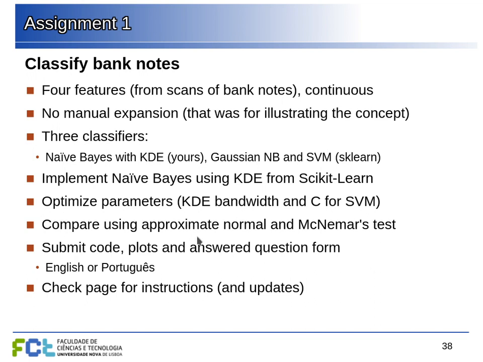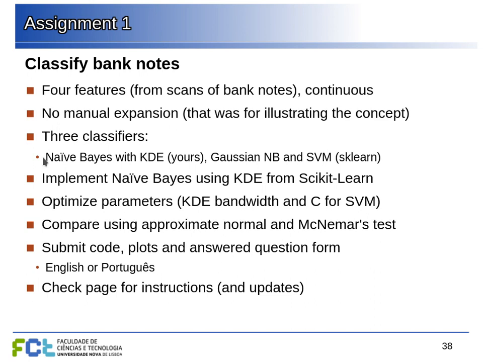So here you're going to compare 3 classifiers. A naive-Bayes classifier using kernel density estimation for estimating the probability distributions of the features given each class, and this will be implemented by you. You will also compare this with the Gaussian naive-Bayes classifier that uses this parametric distribution and is implemented in scikit-learn, and with support vector machines that you're going to use also from scikit-learn.